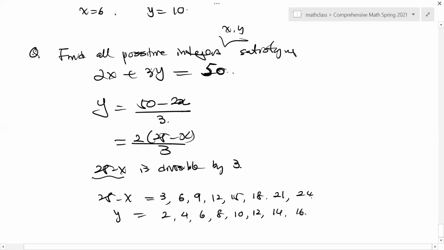So that's the corresponding y value. That's how you get all the possible solutions. And then you can solve for x here. x is going to be 25 minus 3, which is 22, and so on. Okay, so that's it.